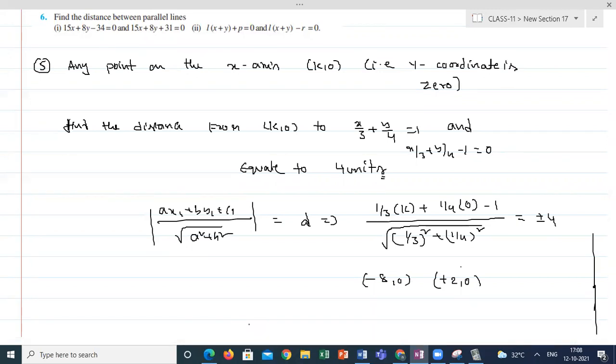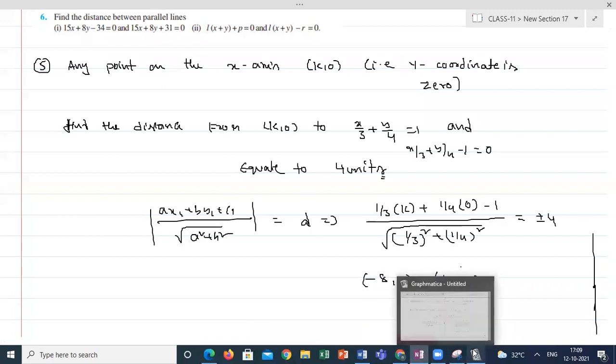If I substitute (-8, 0), how much answer am I getting? We are getting two different values now, (-8, 0) and (2, 0). How can you conclude the answer? If I take it graphically, one answer is not correct.